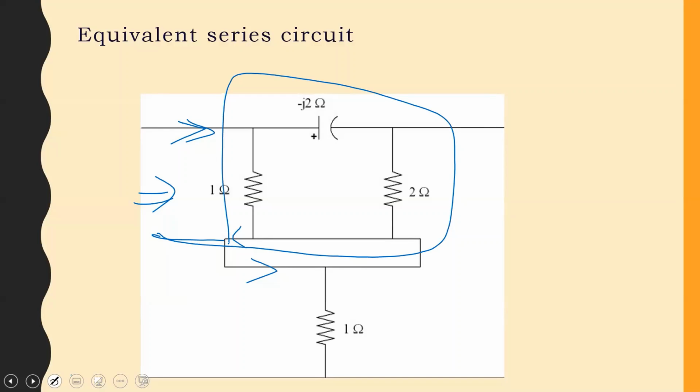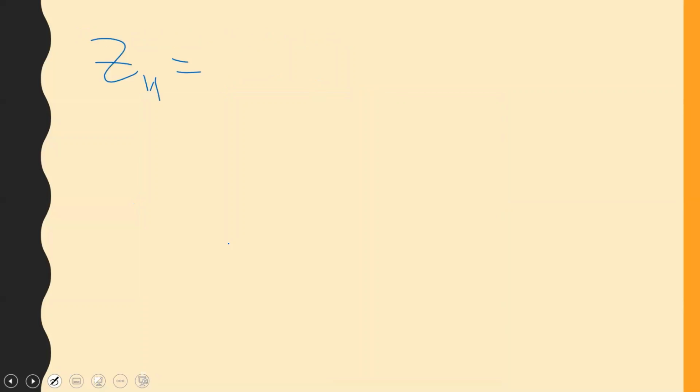Sir, wouldn't it be 1 in parallel with the negative j2 in series with 2? All right. So it is 1 in parallel with 2 in series with j2. Correct. So it's 1 parallel 2 minus j2. What's that equal to? Two minus j2 over 3 minus j2.